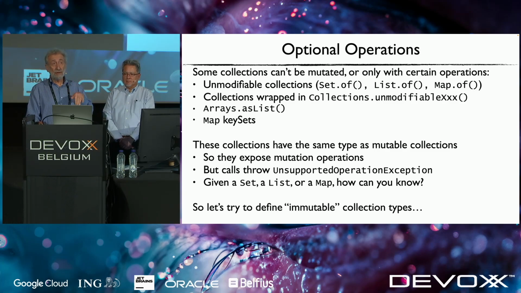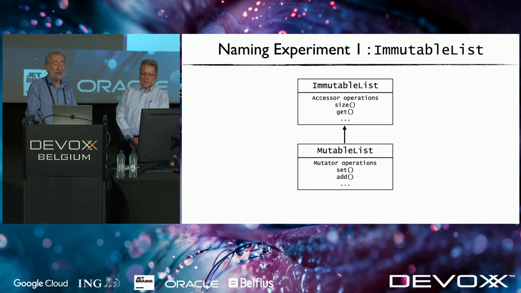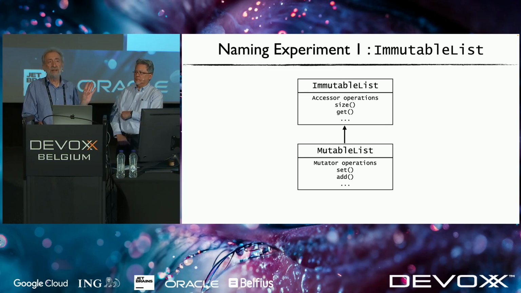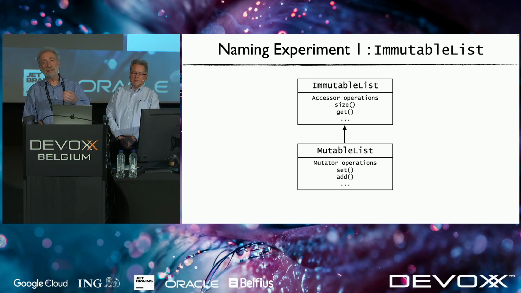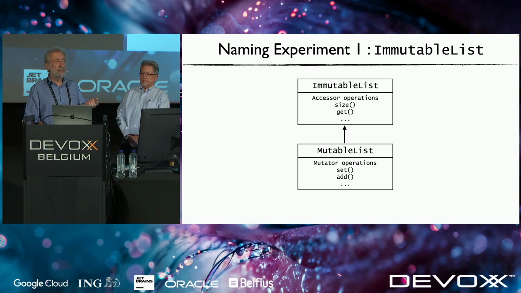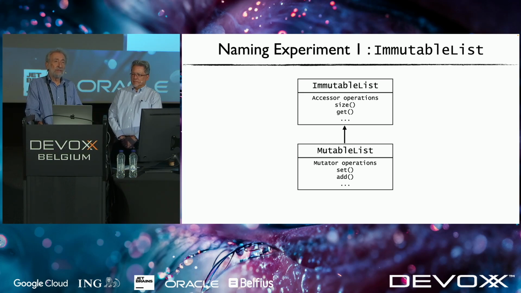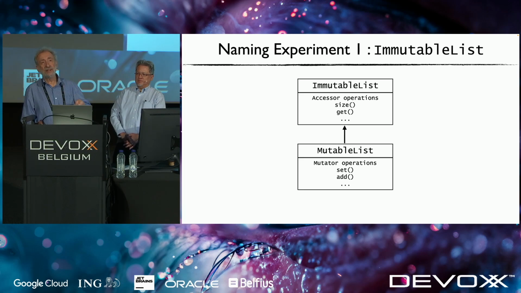And then we could subclass that. We'd have to subclass it, because if you think about it, this so-called immutable list, it's just a naming experiment, this immutable list, which only has size and get and an iterator presumably without a remove method, and so on, has fewer operations than mutable list, which adds to that.